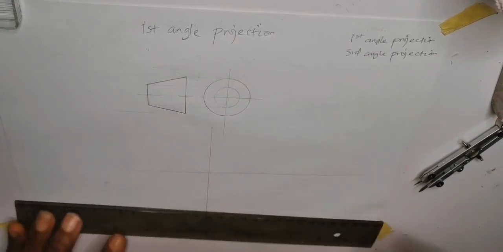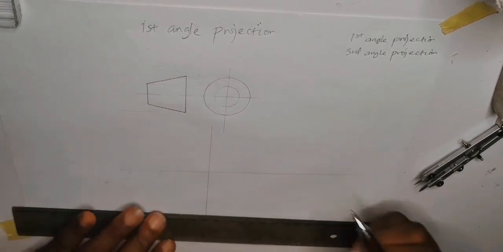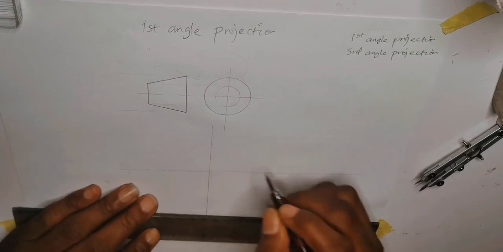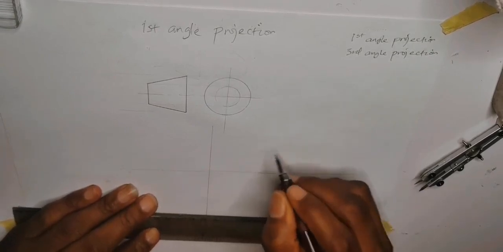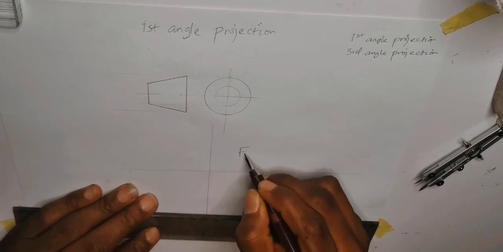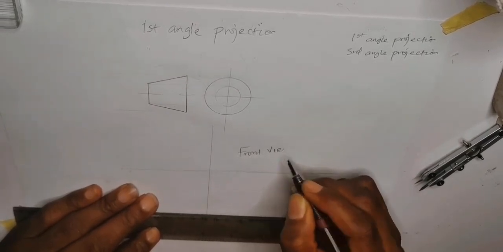Then if here is my front view, I'll draw my front view at this point.